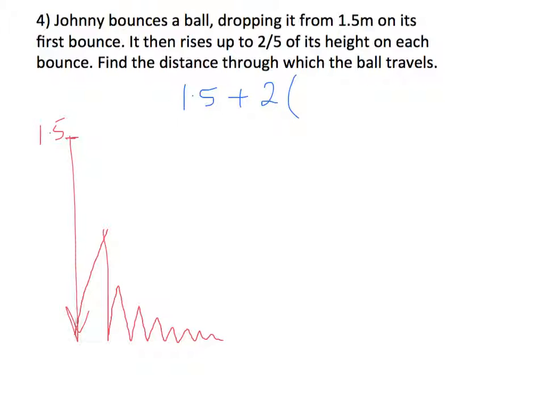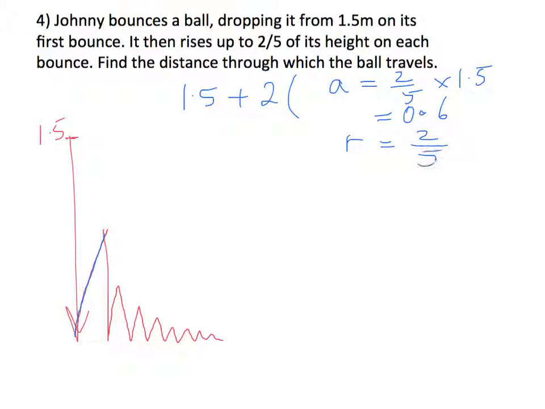And our series, what is the first term there? Well, it's going to be 2/5 of 1.5. And what is 2/5 of 1.5? I think it might be 0.6. Let's check. Yes, it is. And our common ratio, you can see that's going to be 2/5.